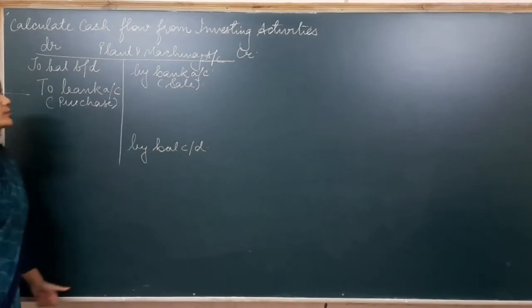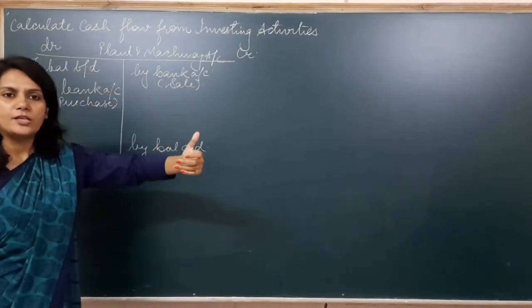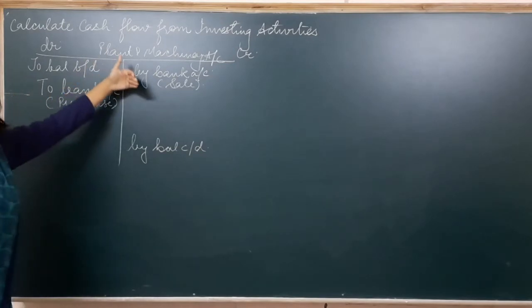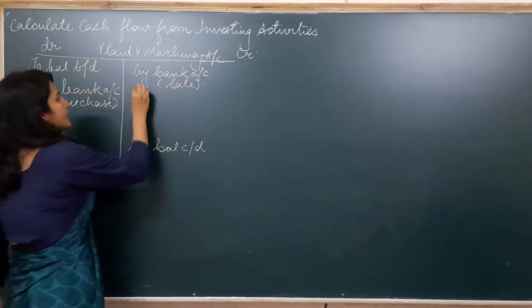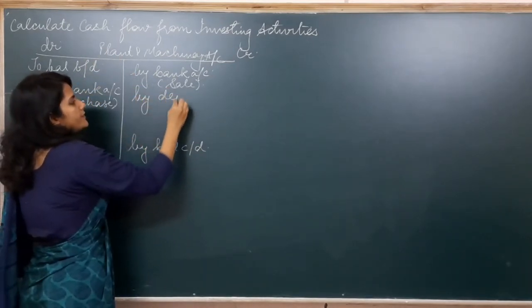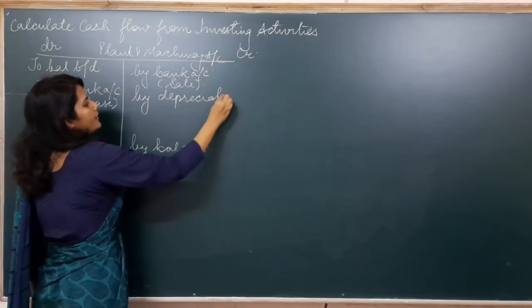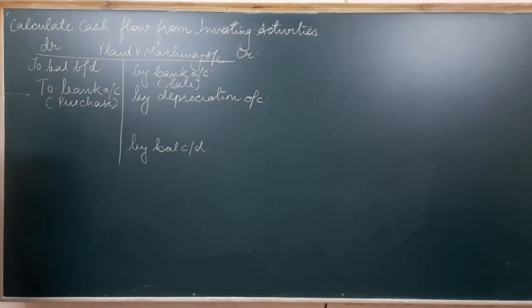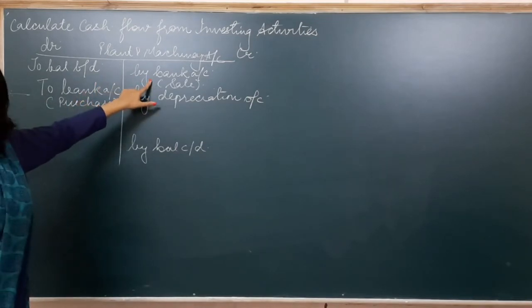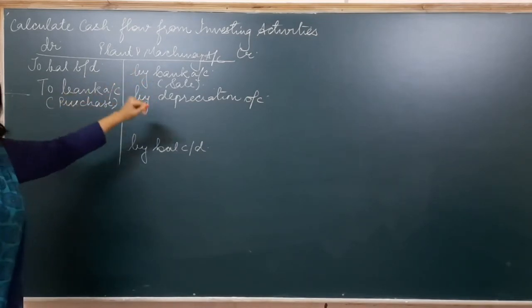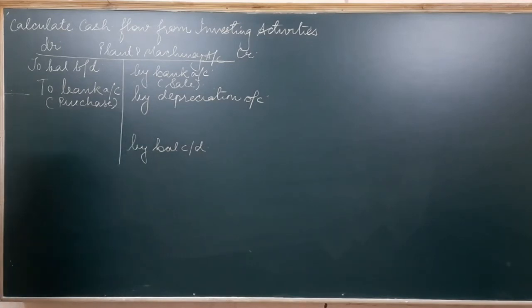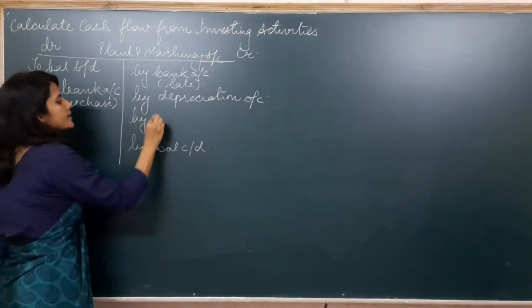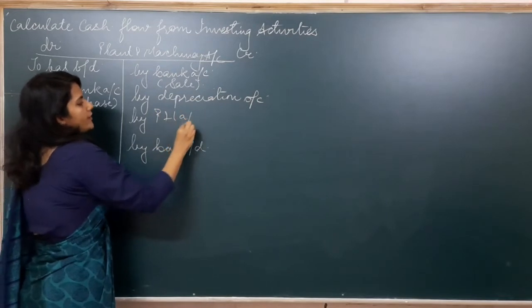Got it? Now suppose due to depreciation the value of plant and machinery decreases, then the depreciation will be on the credit side. I'll write by depreciation account. Now because of sale, either we can earn profits or we can incur a loss, right? So if we are incurring losses, then I write by profit and loss account.